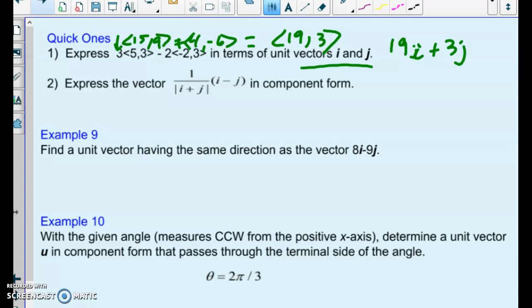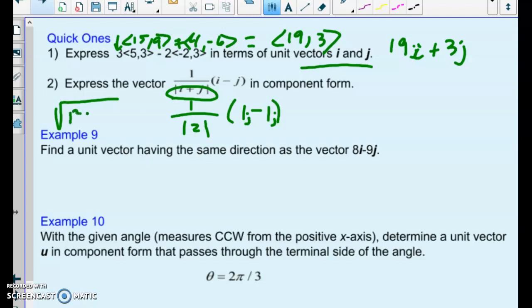Express the vector in this format. Again, we know that i and j are just 1. So I'm going to say this is j. And if I want to find the magnitude here, which this is asking, I have to do the distance formula because i is unit 1.